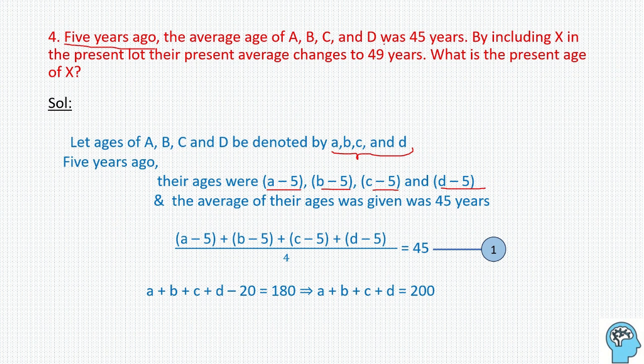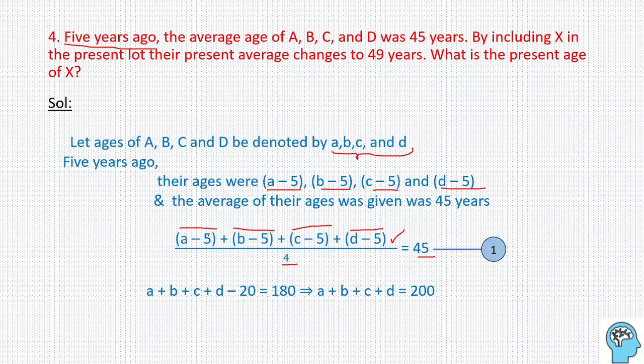Now their average, you can take it as this: add up those ages, the 5 years ago ages, and take the average. That means you divide by 4 and it is given as 45 years. So now after solving this, you get a plus b plus c plus d minus 20, because there are 4 fives here, so you will get minus 20.